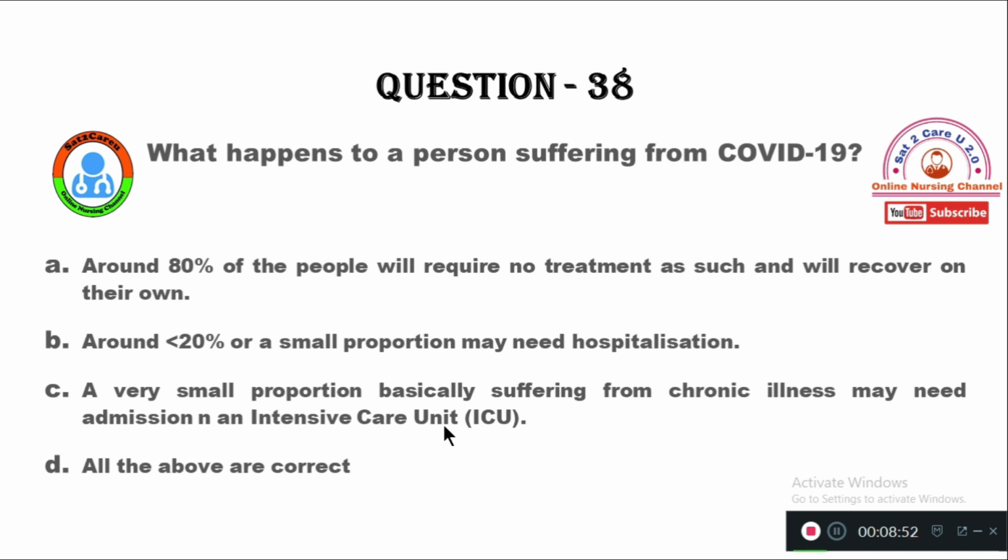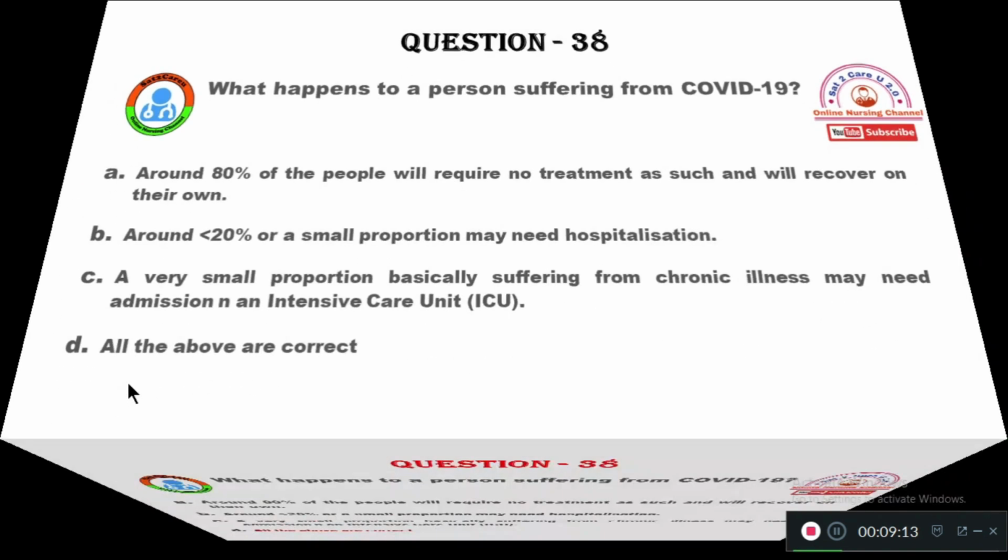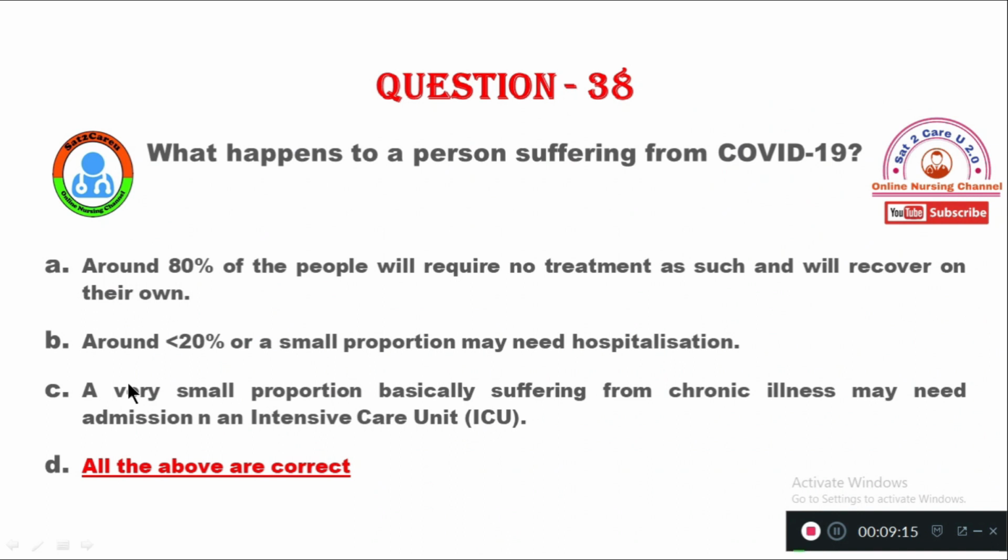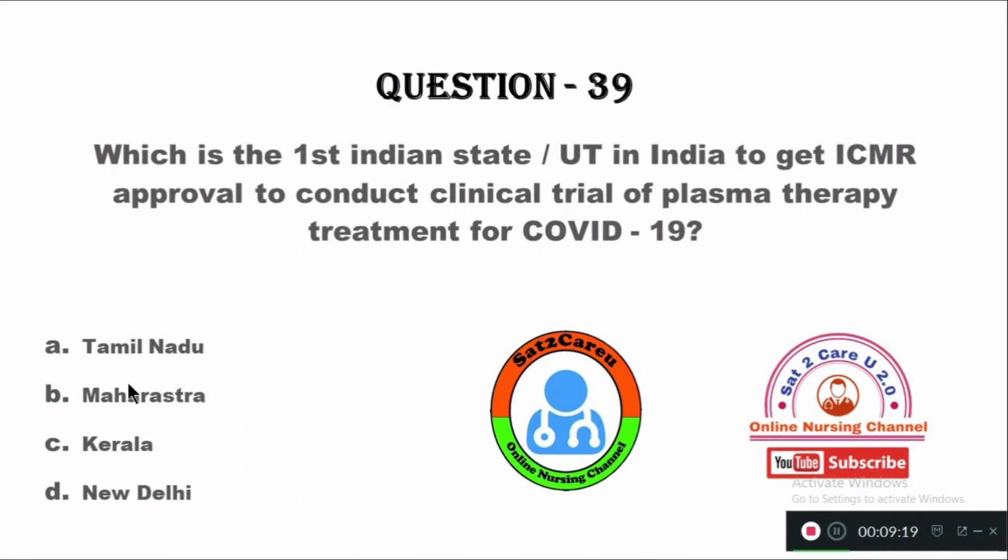Option C, a very small proportion, basically those suffering from chronic illness, may need admission to the intensive care unit. Option D, all of the above are correct. Related to COVID-19, all the statements in options A, B and C are right. That is the reality at present.